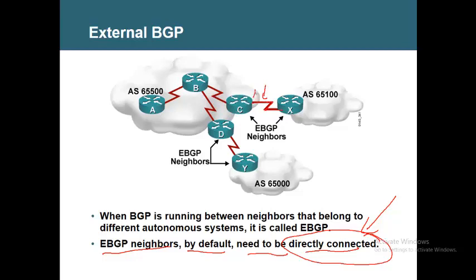And I need to give this IP address. Let's say this IP address is 1.1.1.1. This IP address is 1.1.1.2. Fine, I'll go to X and say 1.1.1.1 is neighbor. I'll go to C and say 1.1.1.2 is neighbor. And you know that this is what directly connected means. I do agree, yes, that is what it actually says.